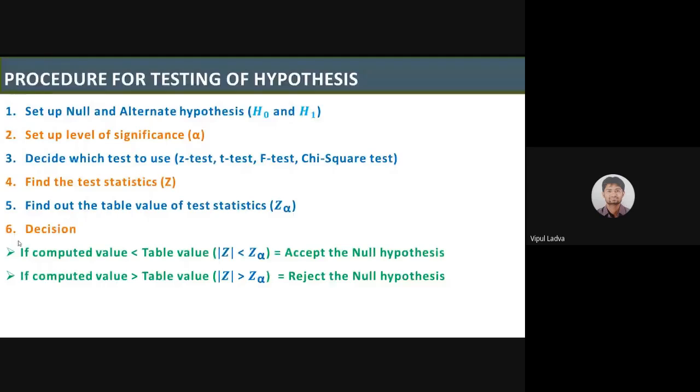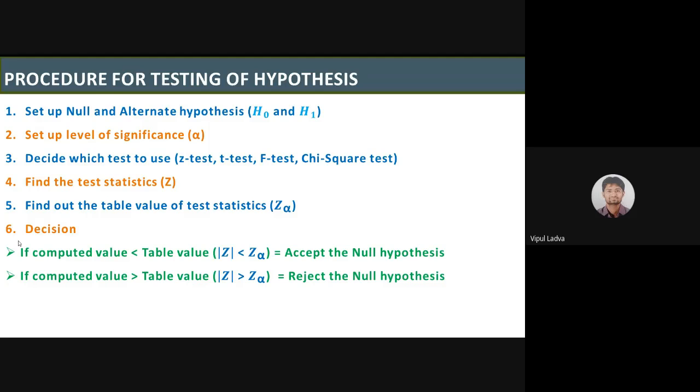These are the steps we are supposed to follow during any of the tests. As I said earlier, the toughest part of this chapter is to decide which test is suitable for the example. We are going for the Z test, that's for large samples.